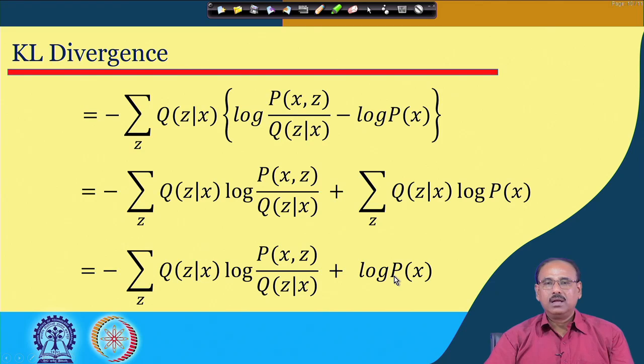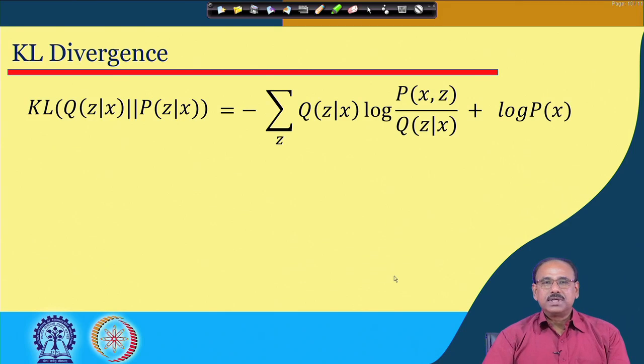If I take log of P of X out of the summation, then the sum of Q of Z given X over all Z is nothing but 1. So, the expression is now simplified to minus the sum of Q of Z given X into log of P of X, Z, that is the joint probability, upon Q of Z given X, plus log of P of X.